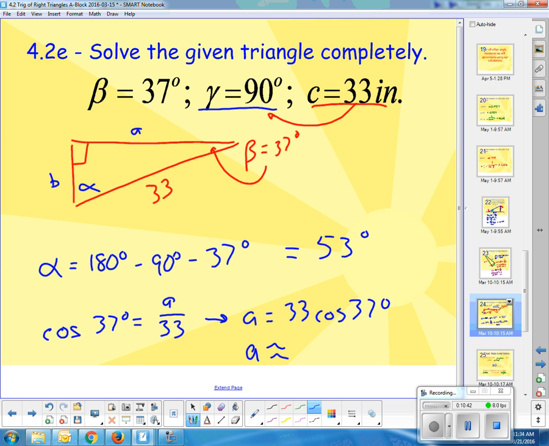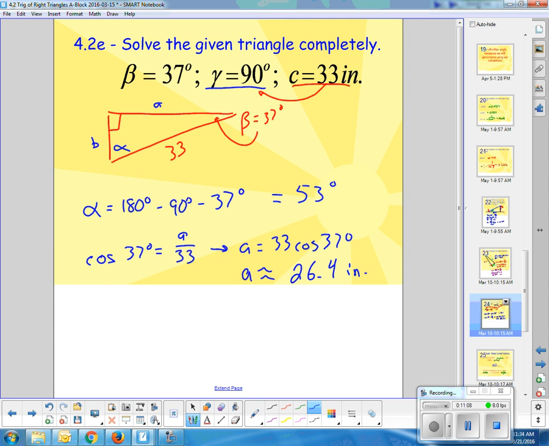Now 37 degrees, not a special angle. I'm going to use my calculator, and I just type it in, 33 cosine of 37. If you're having trouble with that, make sure your calculator is in degree mode and not radian mode, and we'll get 26.4. Now we do have a label here, so I'm going to call that inches. So A is about 26.4 inches.